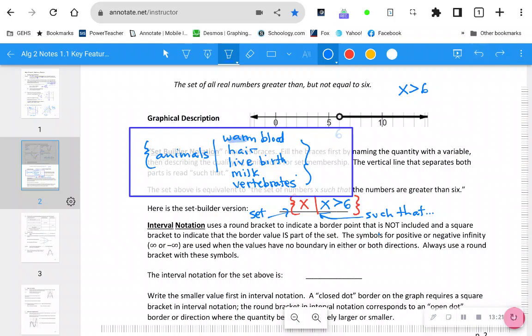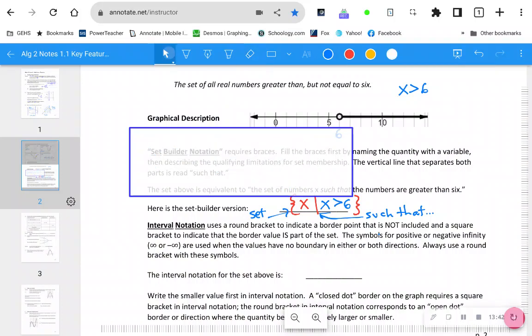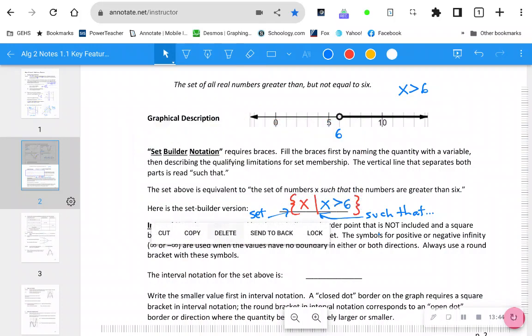These animals have to have warm blood, hair, they give live birth instead of eggs, they suckle their young with milk, and they're vertebrates, okay? And you may recognize that this set has got a name. It's called the mammals. And we are part of that set, okay? But that's just an application of this symbolism, and hopefully that helps you understand a little bit how that works.